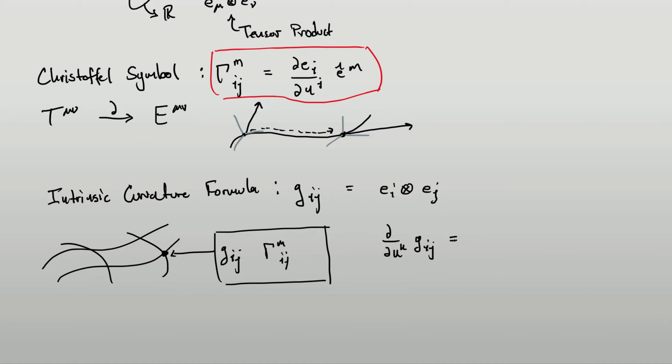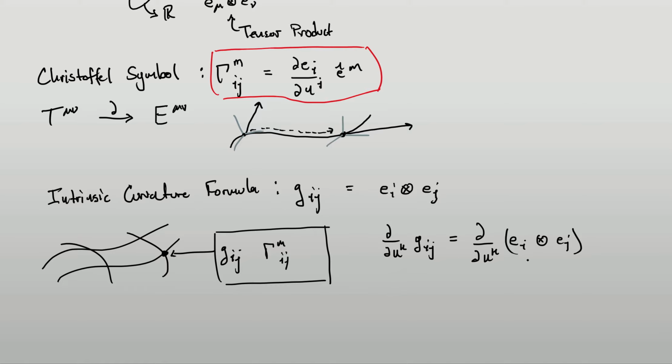And this is equal to the derivative of e_i · e_j, doing the same thing to the other side. So far, so good. We've just taken derivatives of both sides.